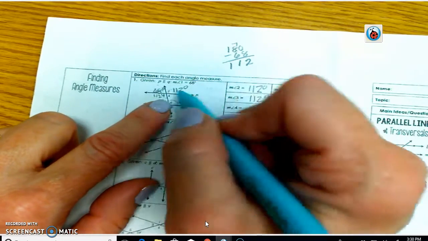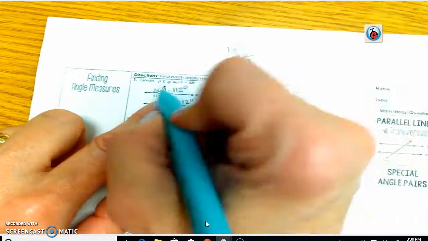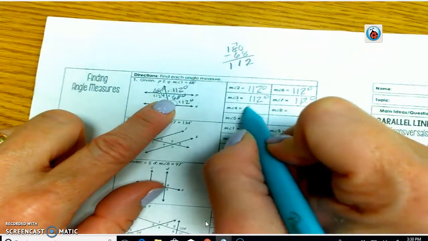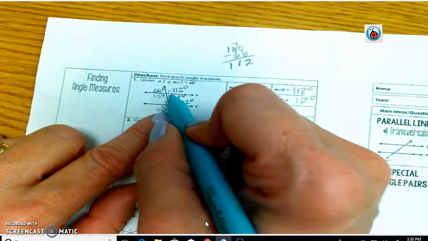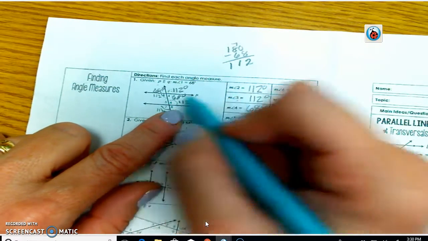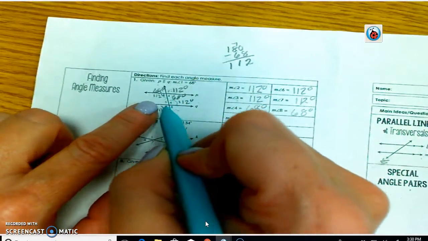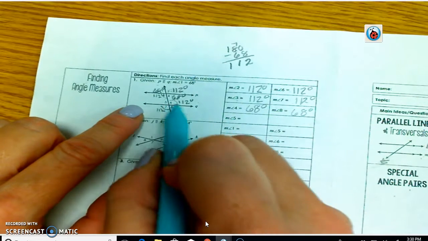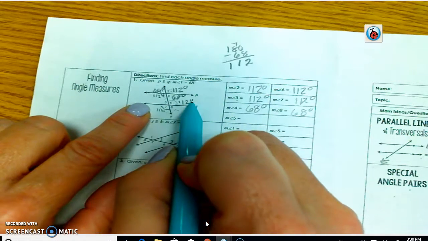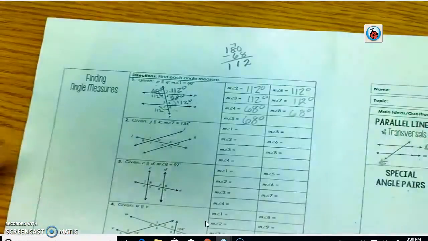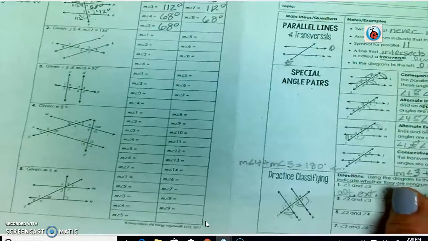Angle 4 is supplementary to angle 2, so that would be 68 degrees. Angle 8 corresponds with angle 4, so that would make them congruent. That would also be 68 degrees. And then we've got angle 5, which is supplementary. 5 and 6 together equal 180 degrees. So 180 minus 112 is 68 degrees. Go ahead and finish the rest of these, and good luck.